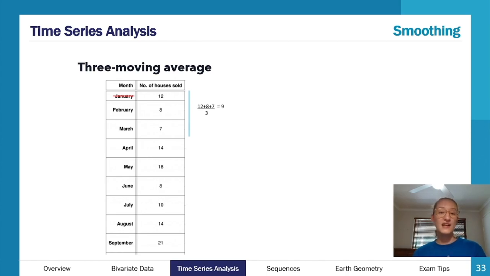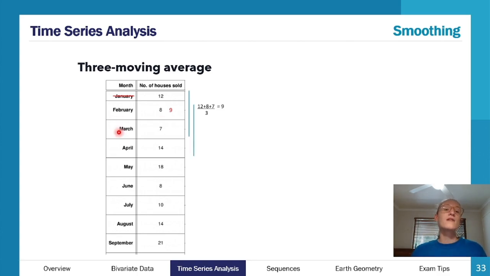You add all of those together and divide by 3, which gives us 27 divided by 3, which is 9, our 3 mean smoothed value for February. And so you can start to see how the process of smoothing plays out. By doing all of this averaging, we're trying to remove the impacts of the irregular fluctuations. I think we have a graph coming up shortly that might help illustrate that as well.